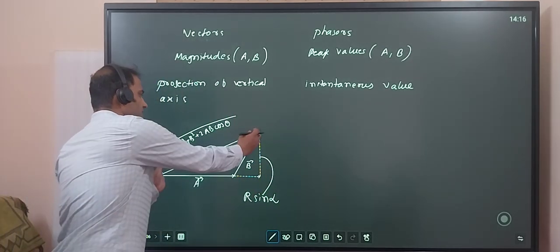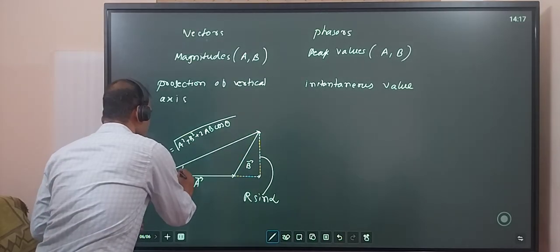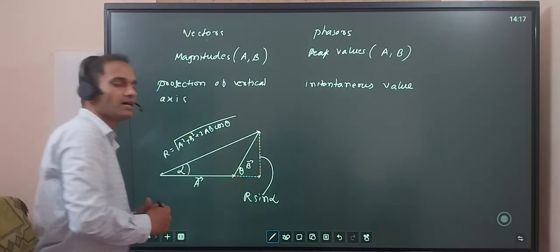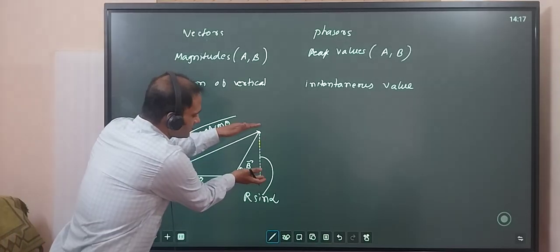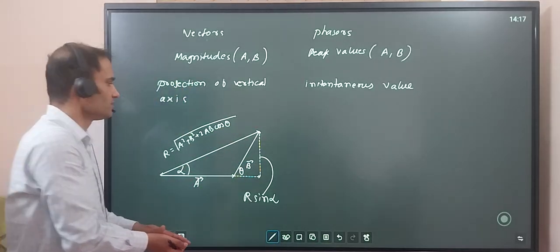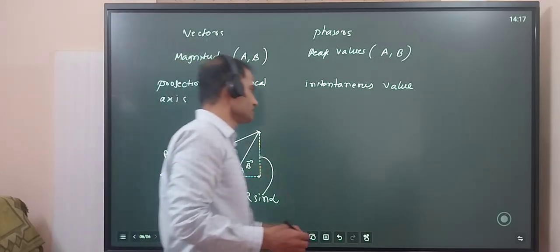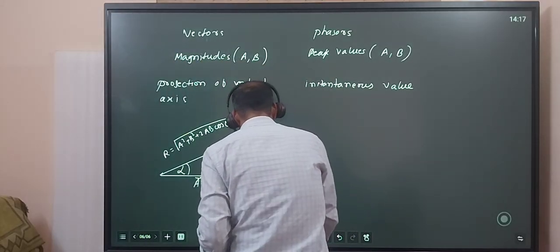So this length is R and this angle is alpha. This angle was theta. So this R sin alpha is the projection of this vector on the vertical axis, and let us see the similar thing happening here.